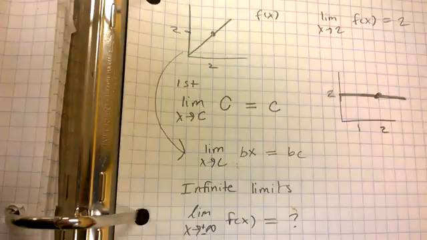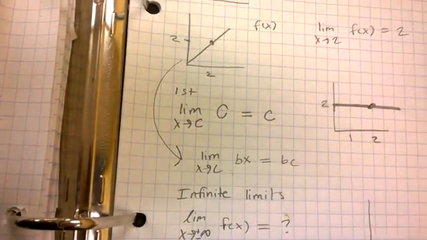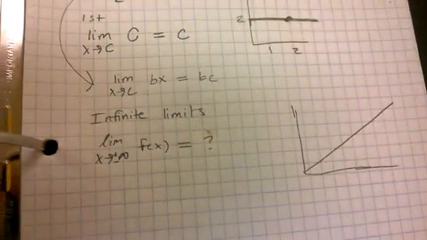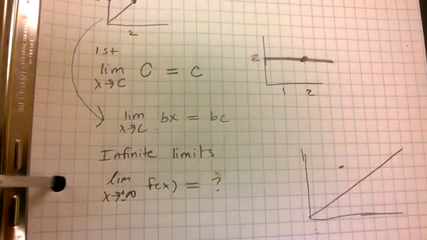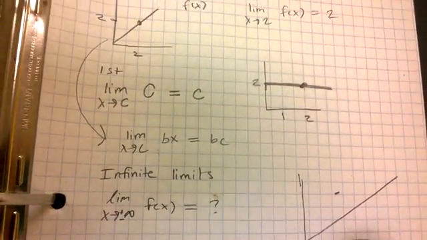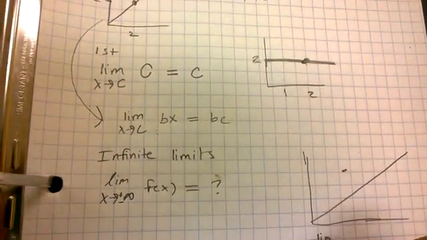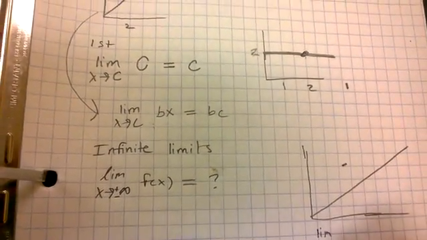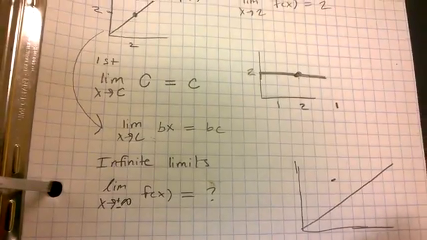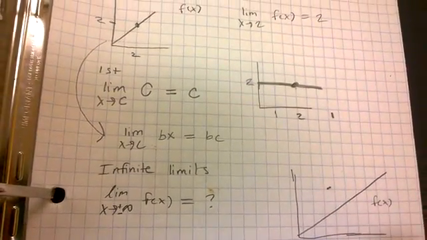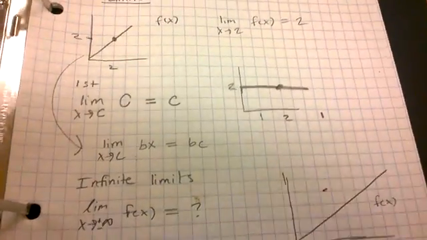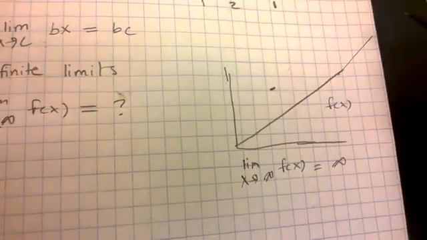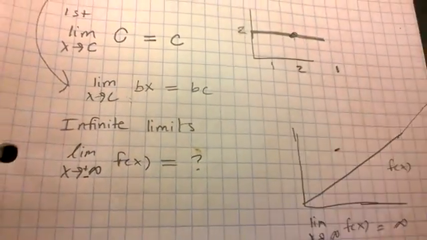Like for example here, if you have a linear graph, let's say this one over here, the limit here as x approaches infinity of f of x, where this function here is f of x, is going to give you infinity. Why? Because if x approaches infinity, this is going to be also a big, huge number, right? It could be 1,000, it could be 100,000, whatever, but it will be big.